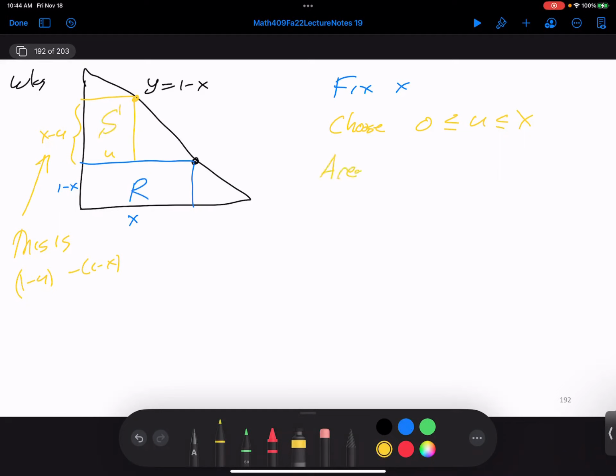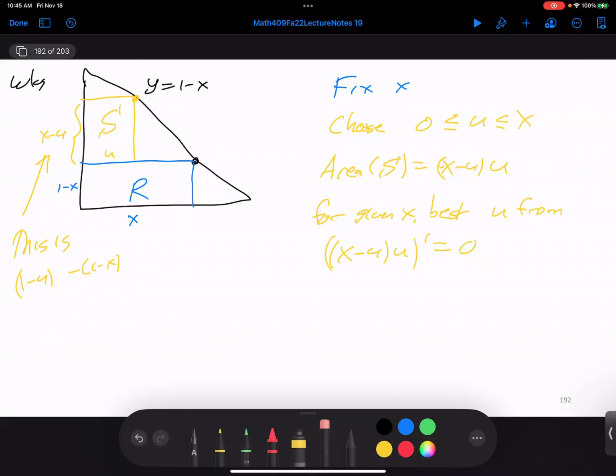So the area of S is equal to (x minus u) times u, right? And so for given x, what u is best? For given x, the best u comes from the derivative of (x minus u) times u equaling 0, right?